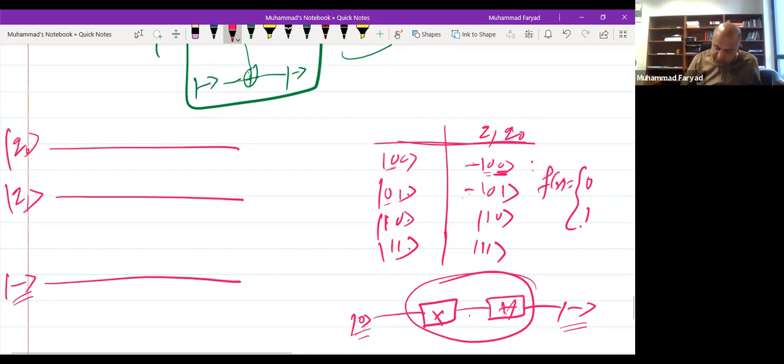So I need to get a minus sign independent of Q0, only dependent on Q1, because if Q1 is 0, I need to get minus, and if Q1 is 1, I need to get a plus sign. So first of all, I don't have to do any operation with respect to Q0. Now with Q1, I want a minus sign when it is 0.